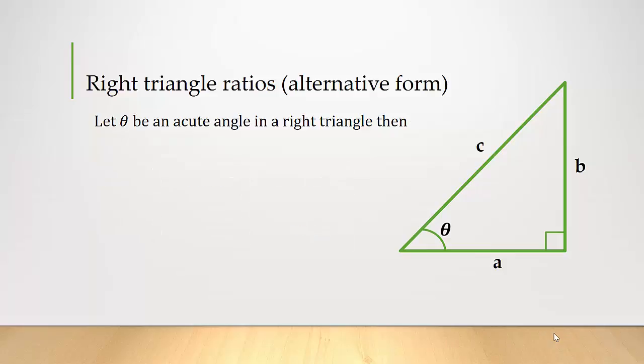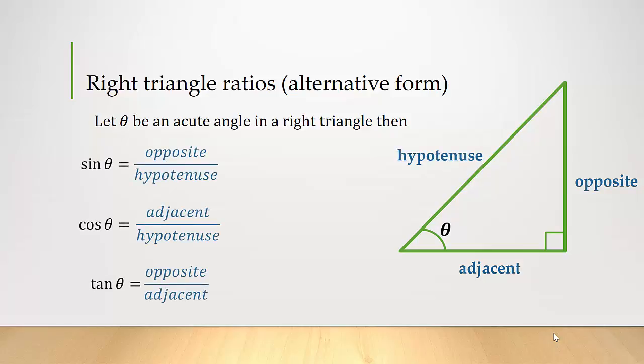Now, an alternative form for the trig equations, instead of conceiving them as A, B, and C, which are arbitrary, we can instead relabel our triangle with adjacent, as it's the side length that's adjacent to theta, opposite, as it's opposite of theta, and the hypotenuse. If we do this, then our trig function sine becomes opposite over hypotenuse, cosine becomes adjacent over hypotenuse, and tangent is opposite over adjacent.